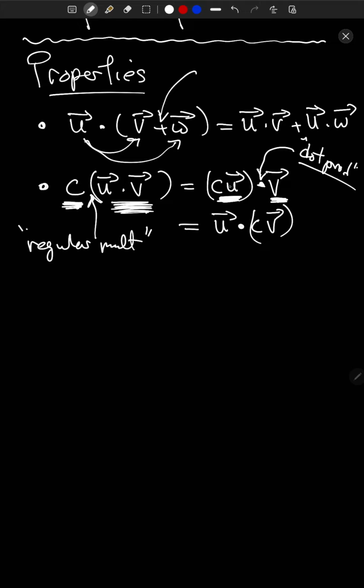On the right-hand side you don't see a regular multiplication. You see scalar multiplication of a number with a vector, and you see the dot product, but there's no regular multiplication. So this is how the dot product interacts with scalar multiplication.